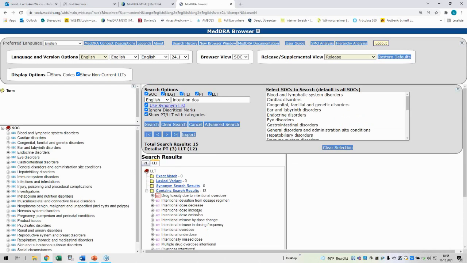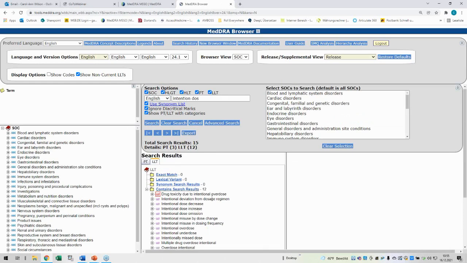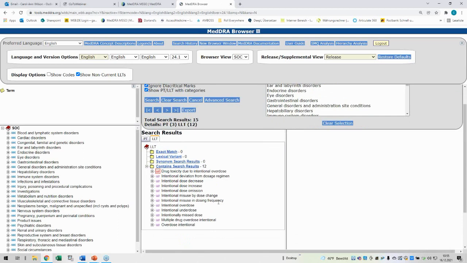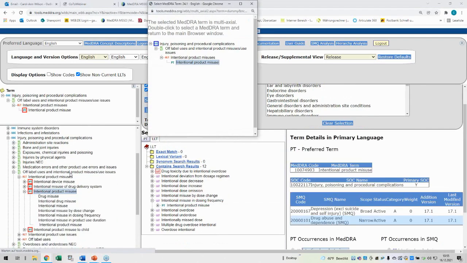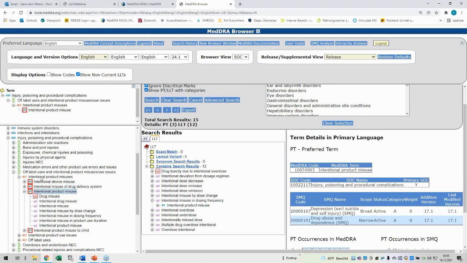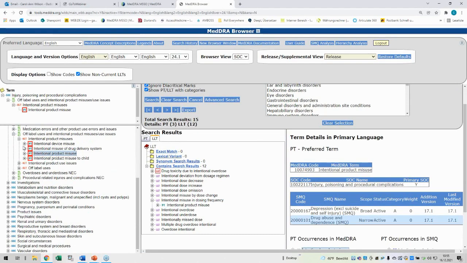I will first see intentional misuse in dosing frequency. Here it is, intentional misuse in dosing frequency. If I go to the browser again and look into the hierarchy, it's grouped under intentional product misuses. So it's not a misuse that was reported here. It was not in the context of the therapeutic use of the drug.